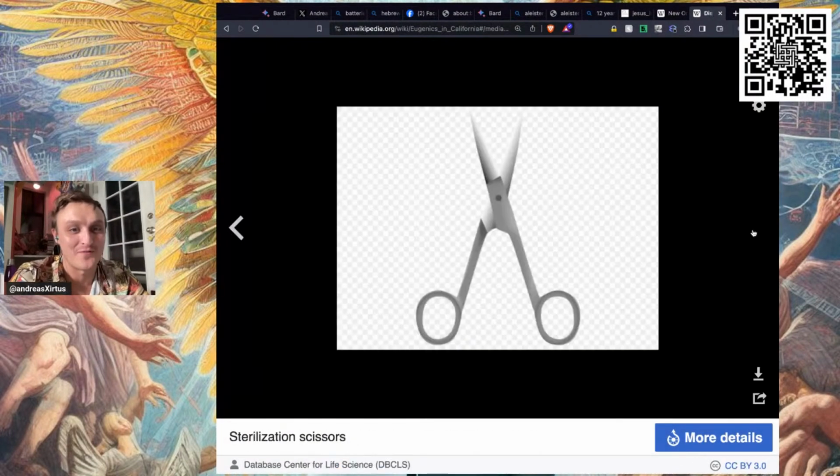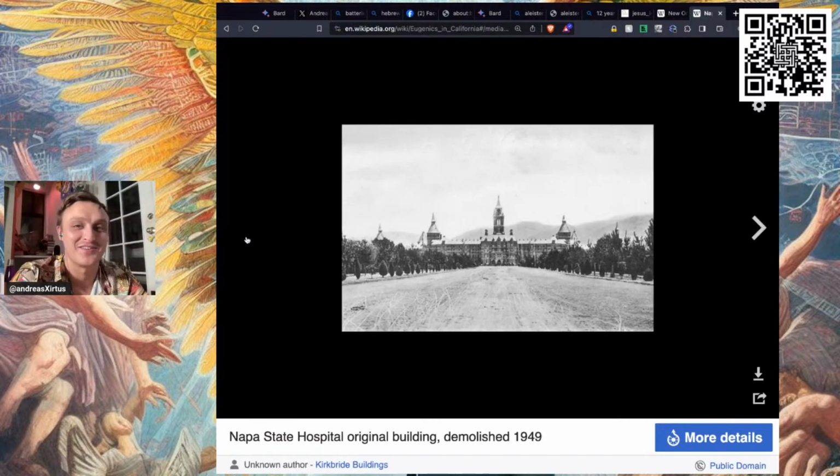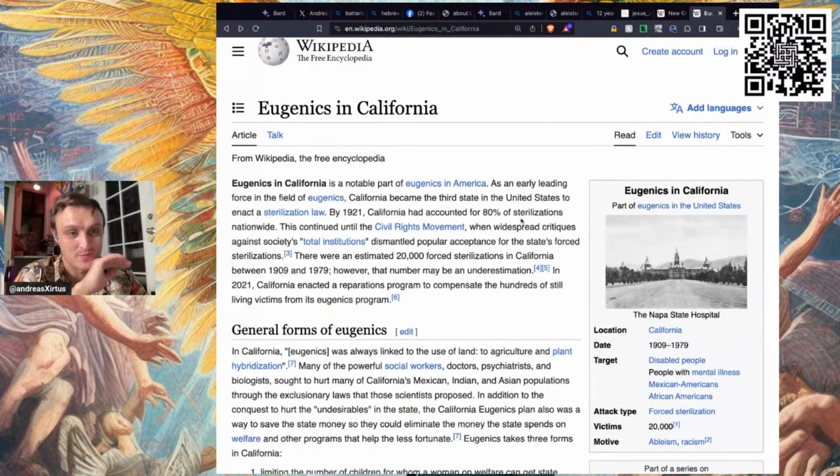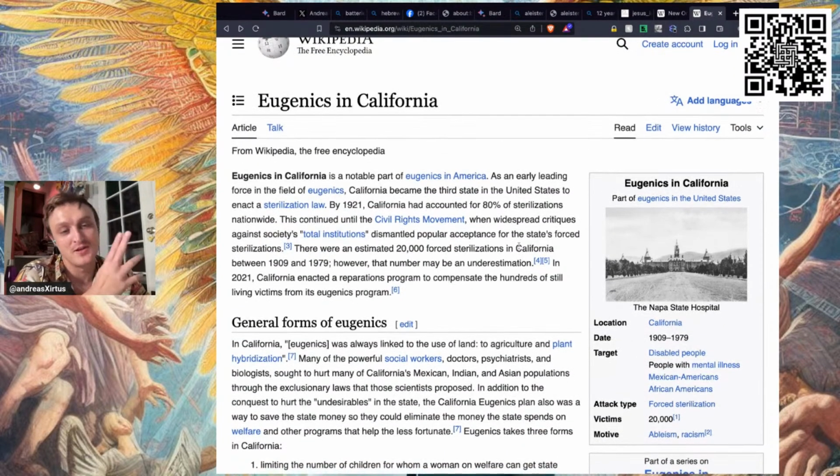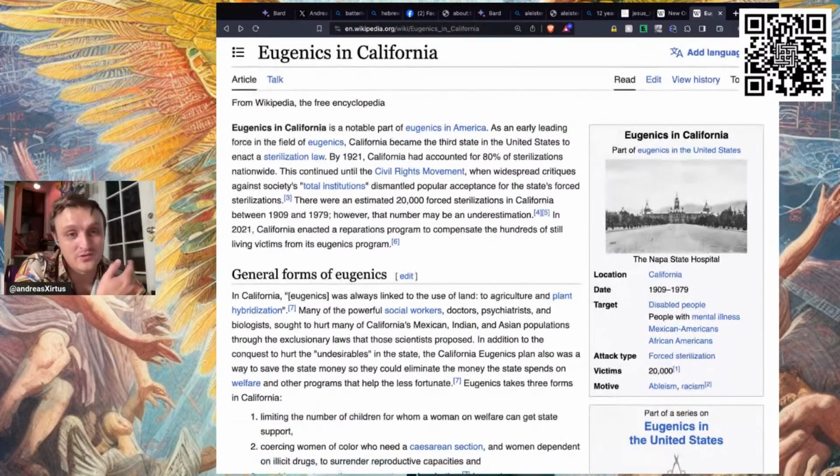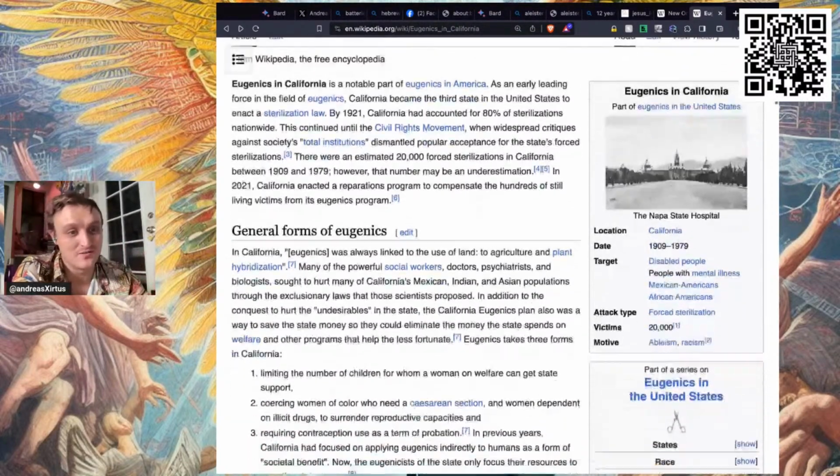So just for reference of what happened to Californian diversity, it was bureaucratic, authoritarian efforts to remove it. Yeah, they sterilized people for real. They sterilized people with chemicals, with radiation.